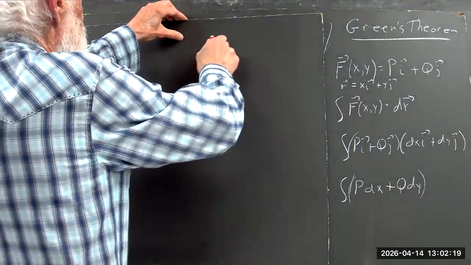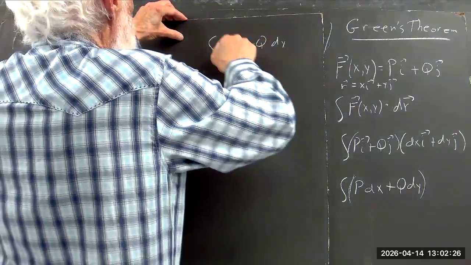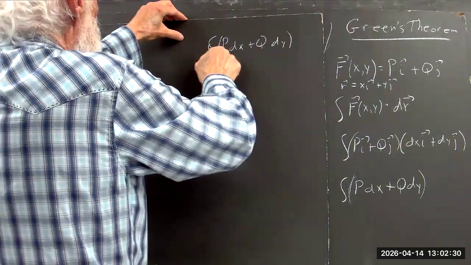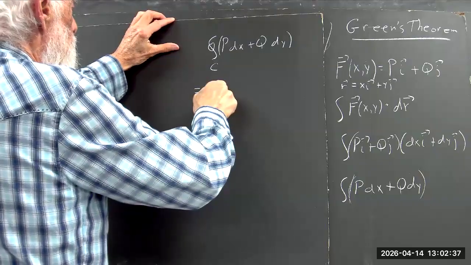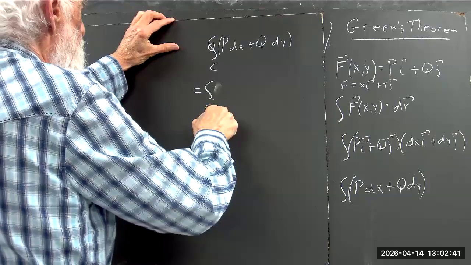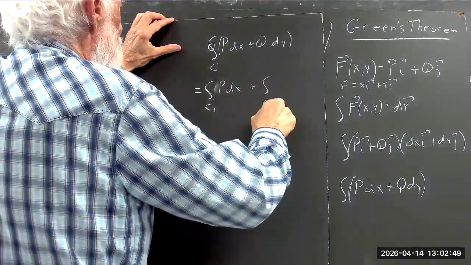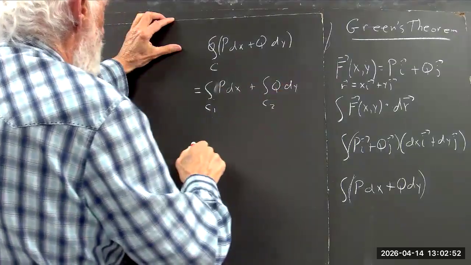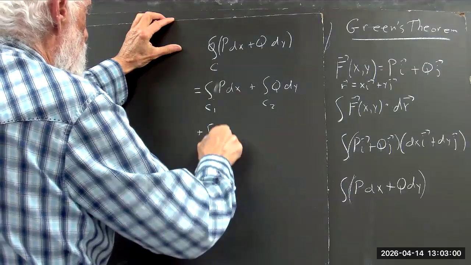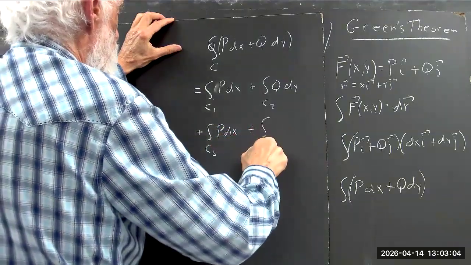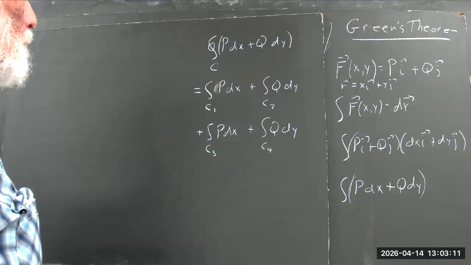So now I want to look at this integral of P dx plus Q dy over the closed curve, which will be this.